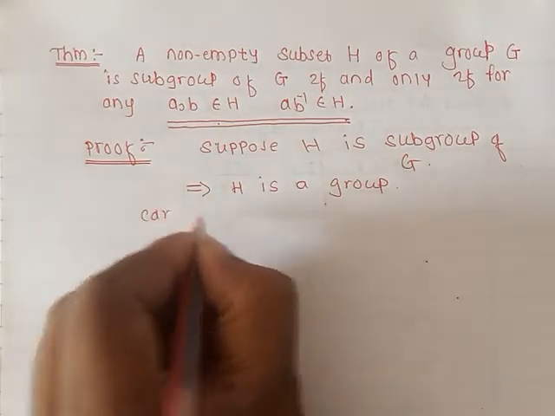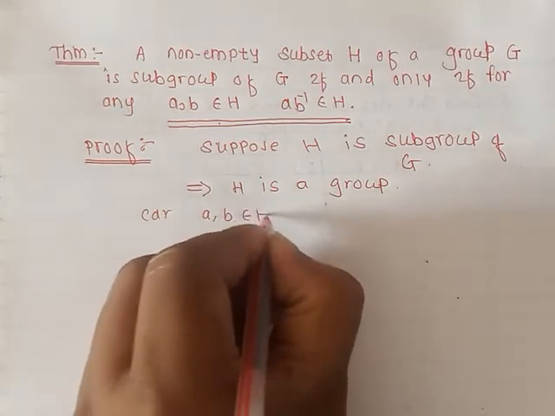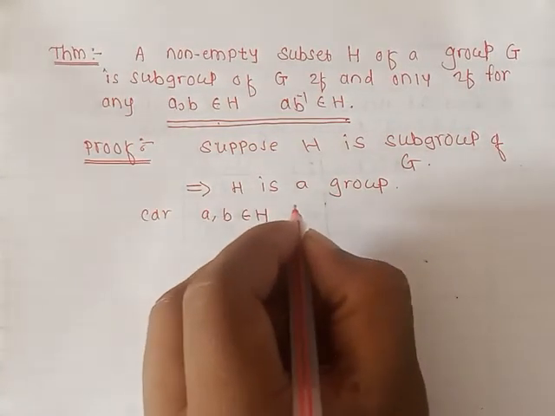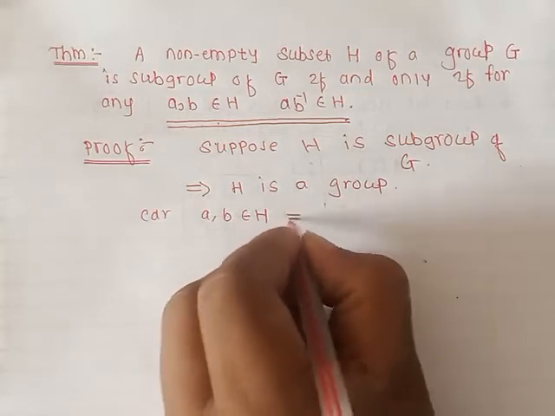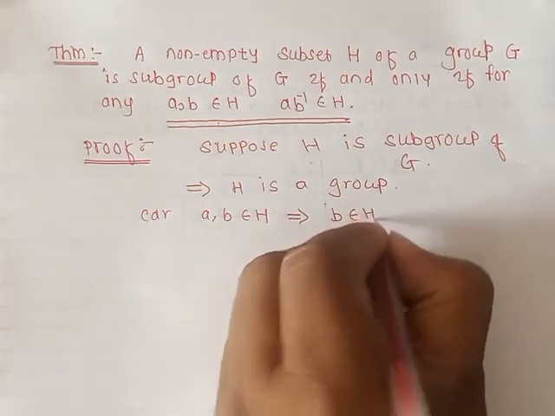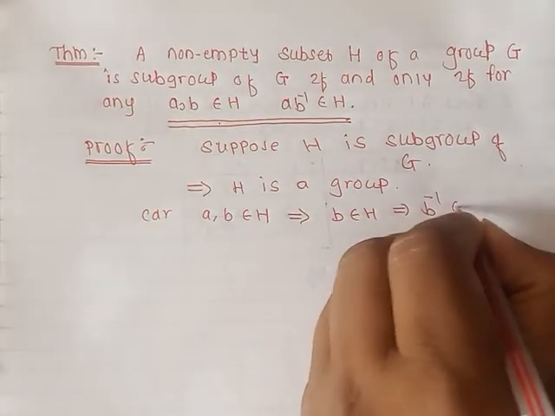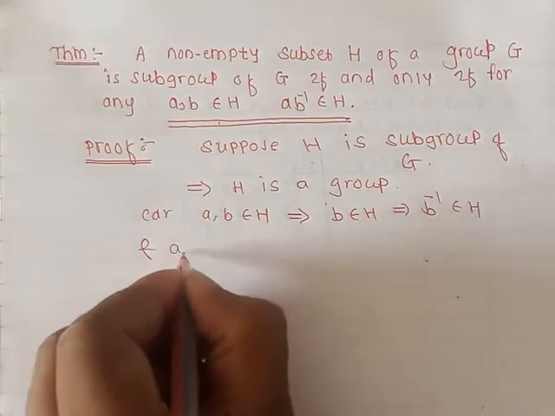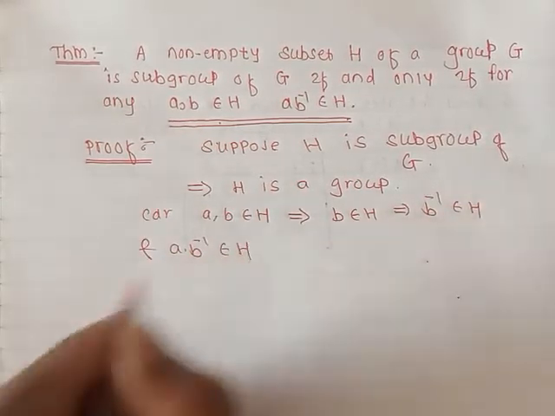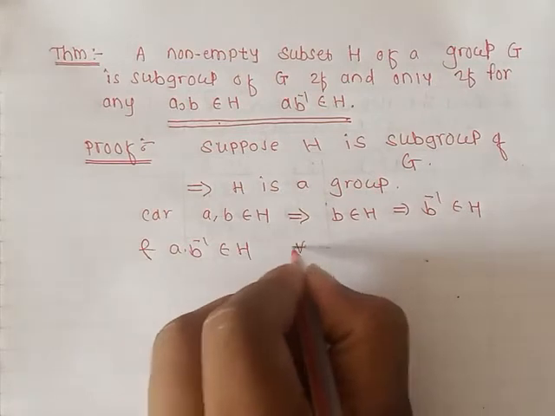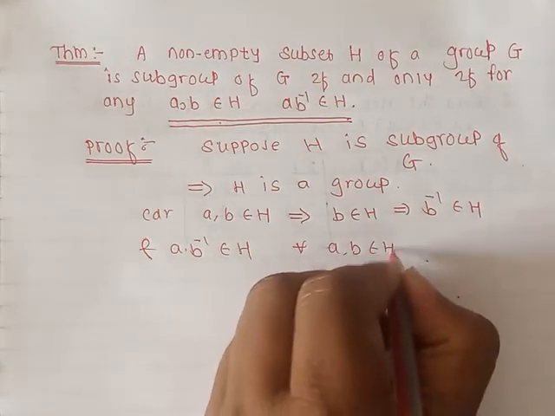Consider a, b belongs to H. This implies b belongs to H, implies b inverse also belongs to H, and a dot b inverse belongs to H for all a, b belongs to H.